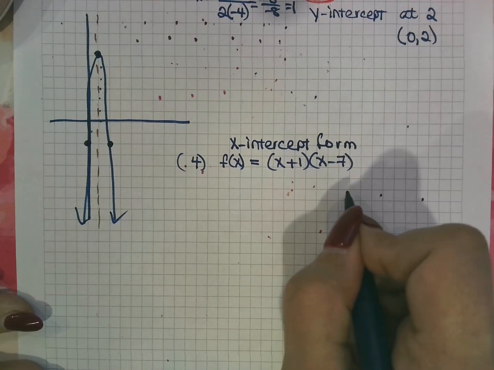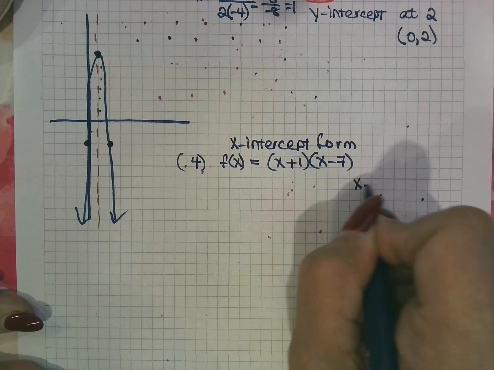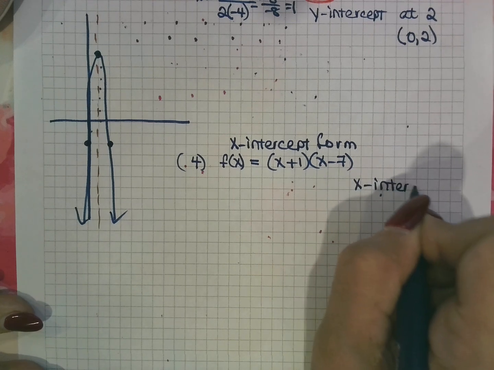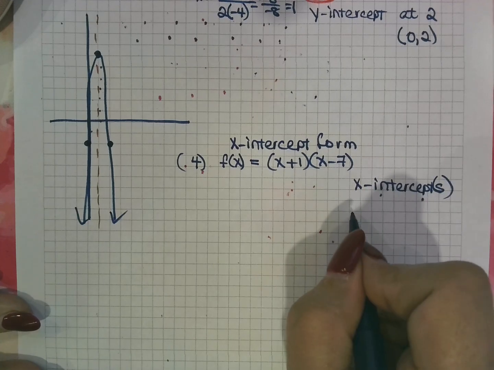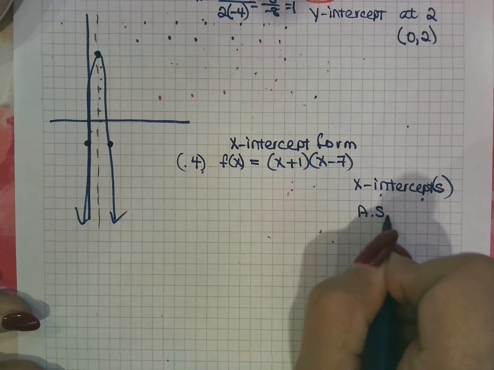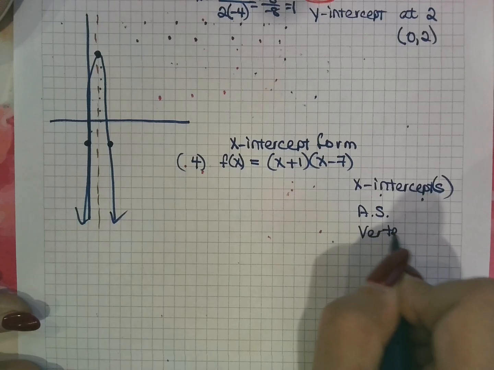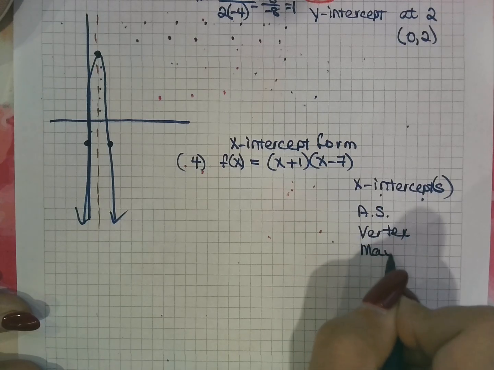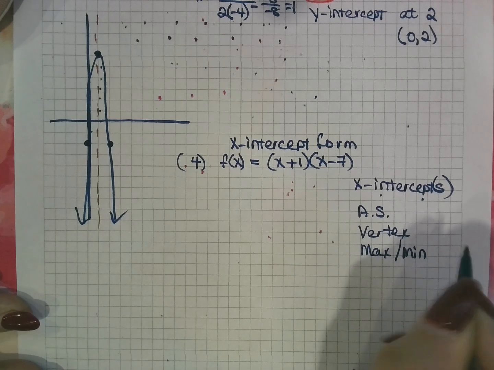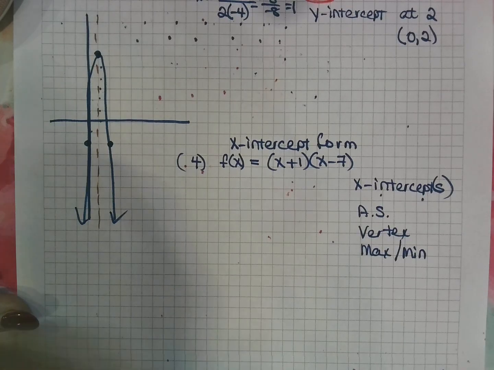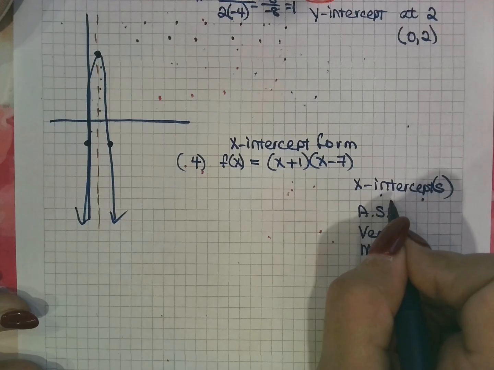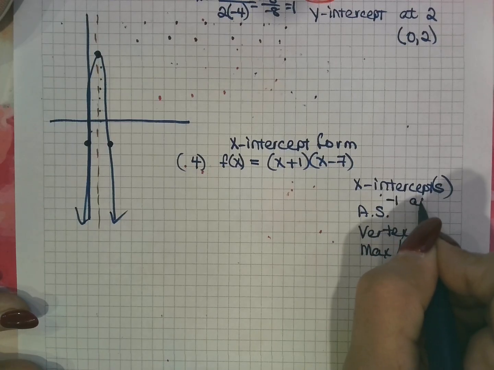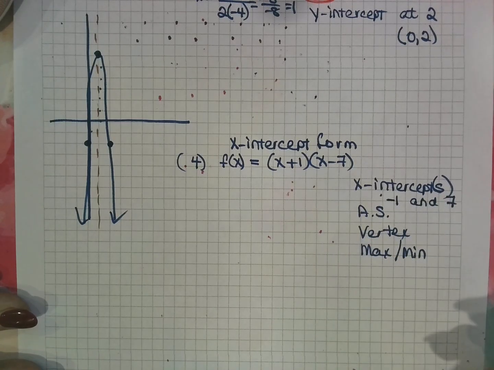And once again, for this one, you want the x-intercepts, the axis of symmetry, the vertex, the max, the min. Okay? So we can just see the x-intercepts. They're going to be at -1 and +7.